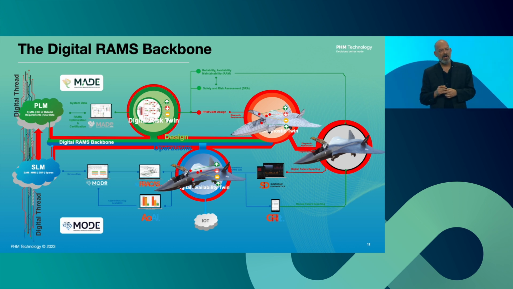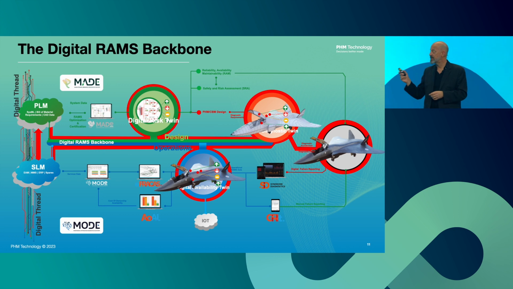So if they're high value assets, what it means is you can start to develop a unique digital twin that's associated with one specific tail number or pennant number or whatever the asset might be. And it allows you to then optimize the maintenance for that specific asset in the context of the way it's being used and where it's being used and all the other things that I described.